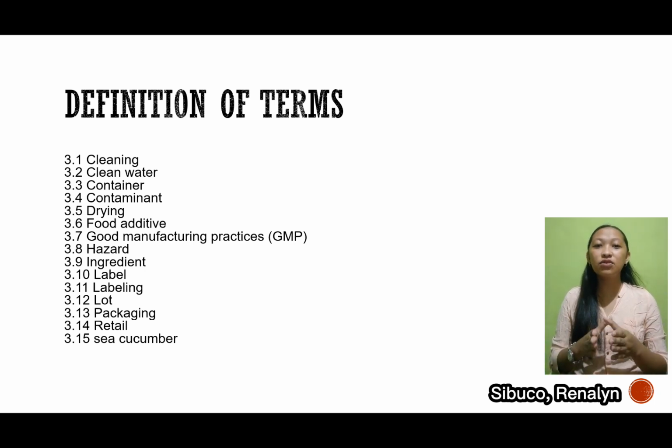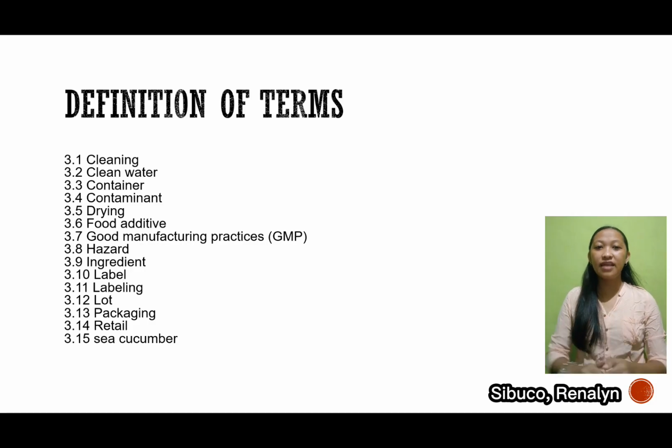Labeling includes any written, printed, or graphic matter that is present on the label, accompanies the food, or is displayed near the food, including that for the purpose of promoting its sale or disposal. For lot, a definitive quantity of a commodity produced essentially under the same conditions.